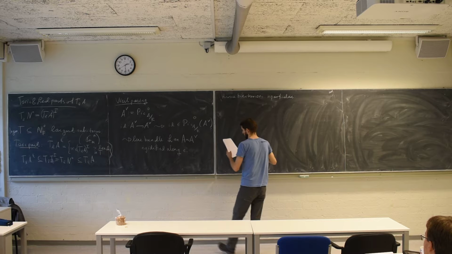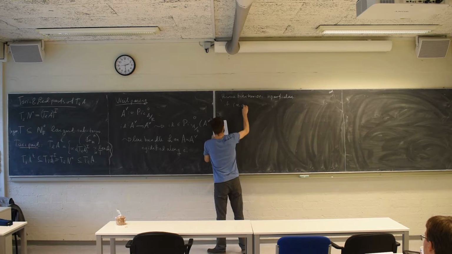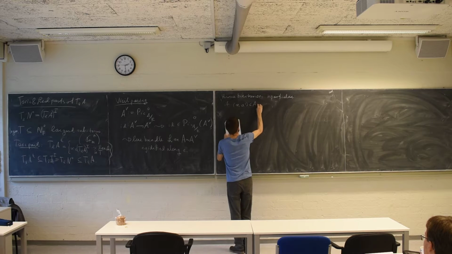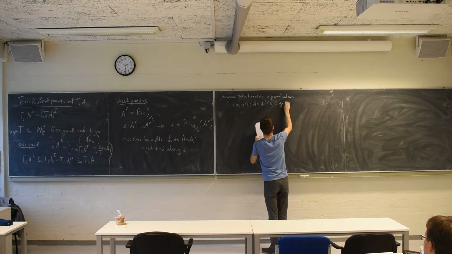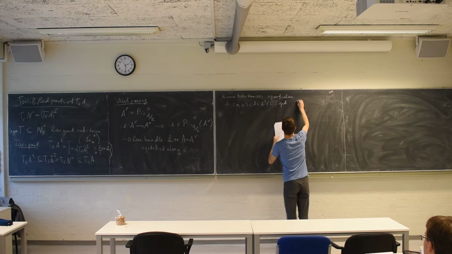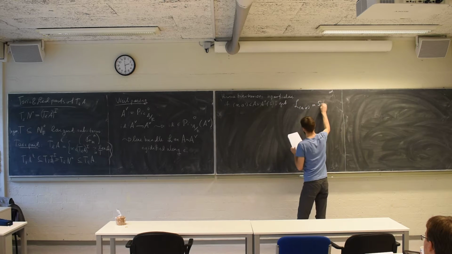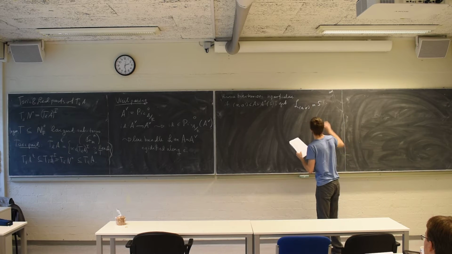But the concrete things are: suppose we have a point (a, a') in A cross A dual of S, for some scheme S. We can restrict our line bundle to this point, and we get something we can call L_(a,a') on S. So a line bundle; if S is a point, it's a line bundle.